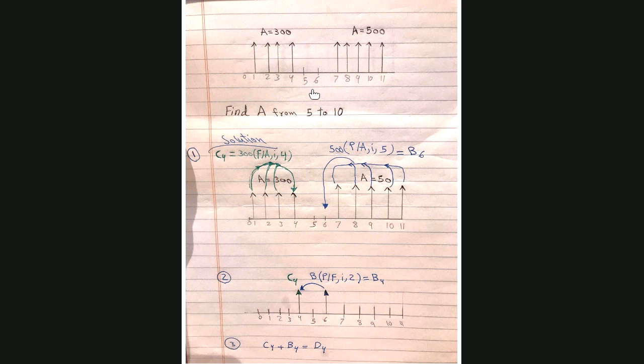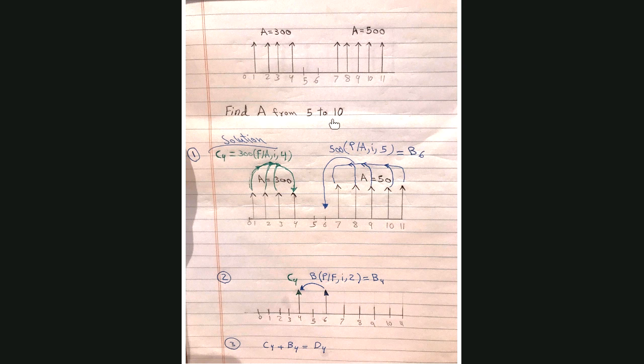This example shows a cash flow starting from year 0 to year 11. There are annual payments from 1 until 4 of $300, and from 7 to 11 of $500. There is a gap in year 5 and year 6, with no payments here, and the question asks you to find the annual from 5 to 10.